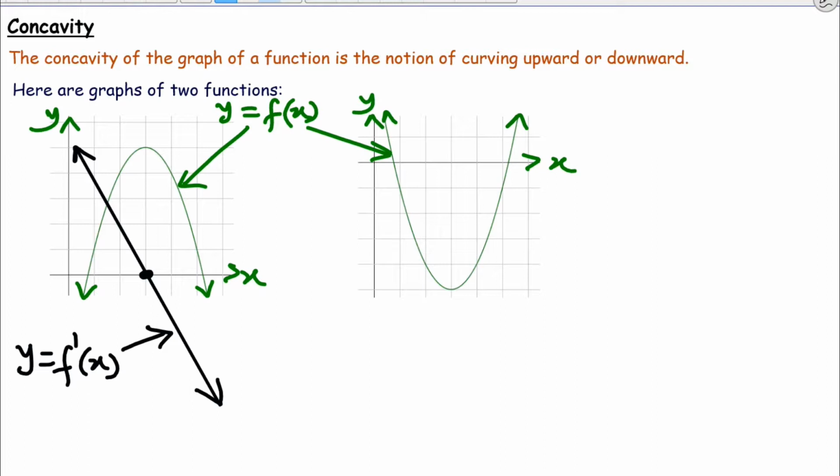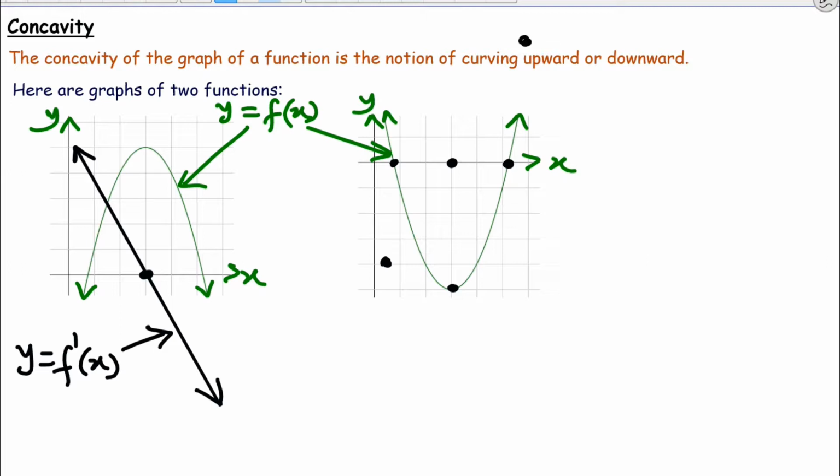Now we can do the same thing on the other side. We know that the slope at this point is 0. The slope at this point is negative, so we can put it somewhere here. And the slope at this point is positive, which means it could be somewhere there.